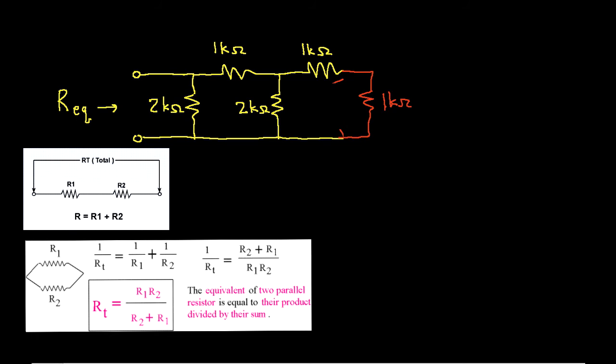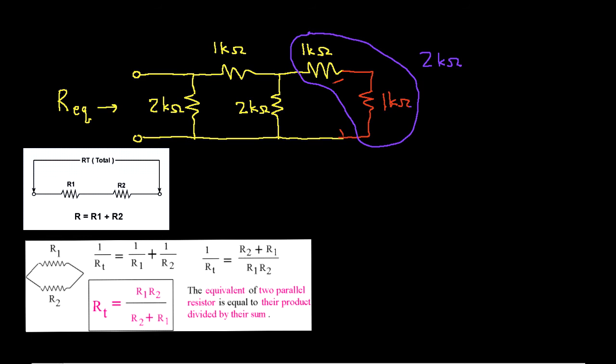Okay, well, now I want to look for a combination that I can combine again. And it looks like the only thing that I can combine would be this 1 k ohm resistor with the equivalent 1 k ohm resistor I've just computed. And since we've already, a few minutes ago, computed the equivalent resistance of 1 k ohm in series with 1 k ohm, we'll just write down the answer that this is 2 k ohms.